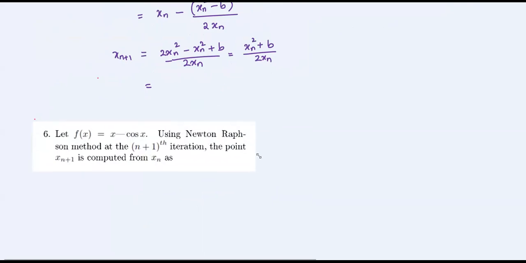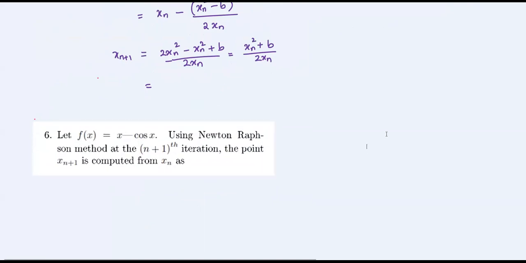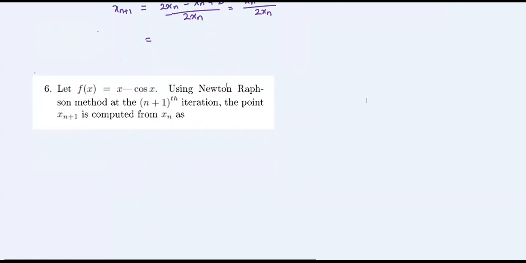So let x minus cos x be the function. That means we are solving for cos x equal to x. We want to find the root of this equation, f of x equal to 0. So what is the iteration point?